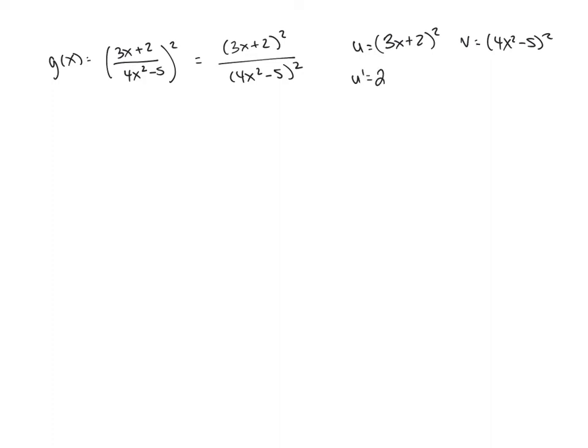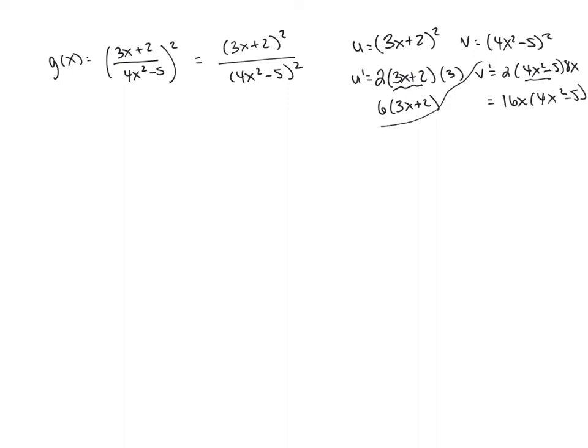The 2 comes down, 2 times 3x plus 2, and then the derivative of the baby is times 3. And my v prime, the 2 comes down, 4x squared minus 5, and the derivative of the baby is 8x. So I'm going to simplify both of my primes. So 6 times 3x plus 2, and then 16x times 4x squared minus 5.